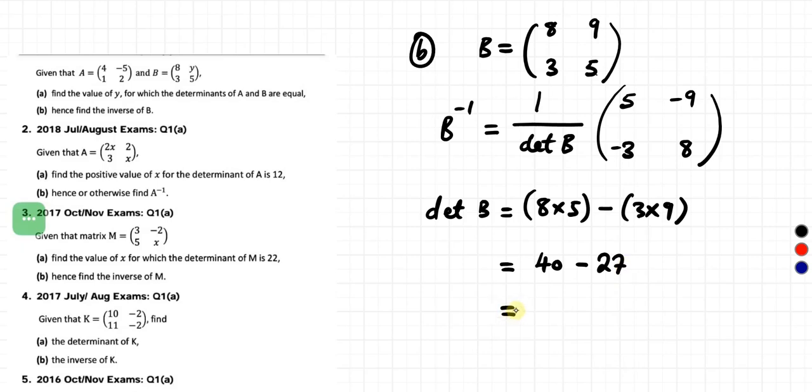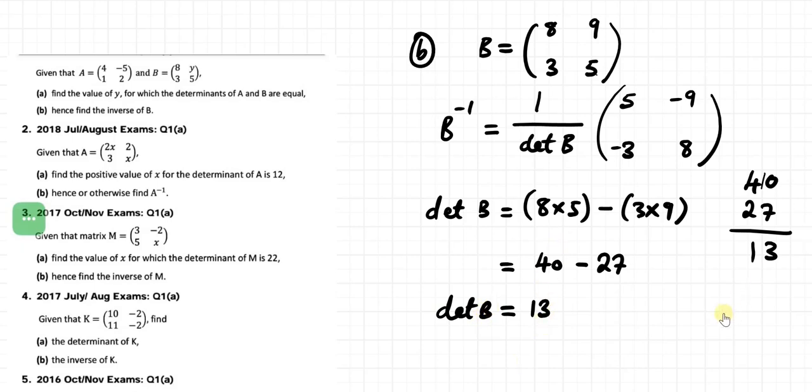So 40 minus 27 gives 13. So we know that the determinant of B is 13.